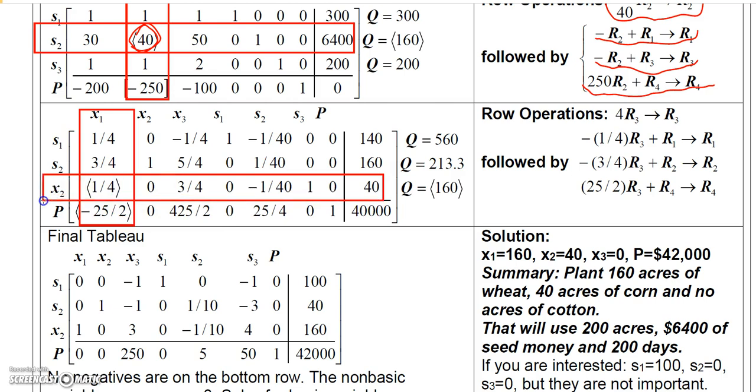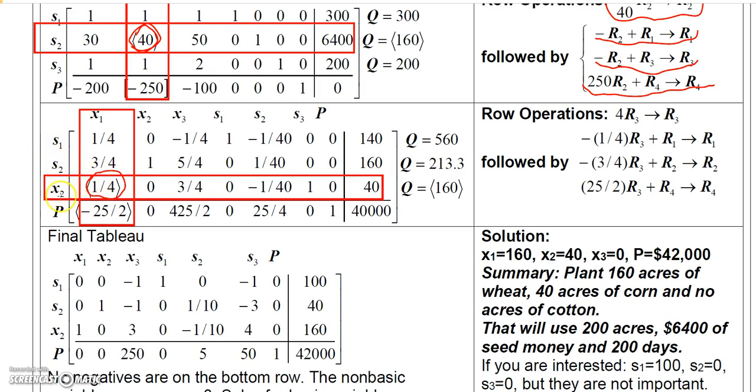So that means that this is my pivot row. And so what I will do here is see where the pivot row and the pivot column intersect. And that's going to give me the pivot element.